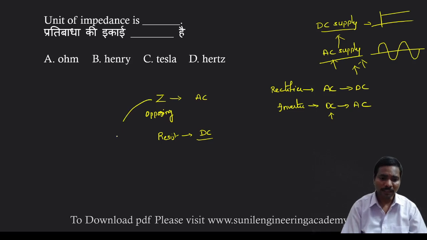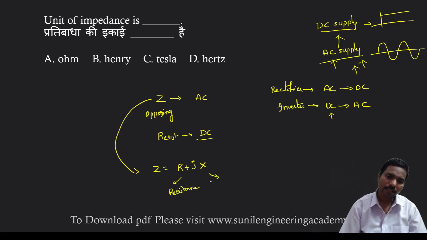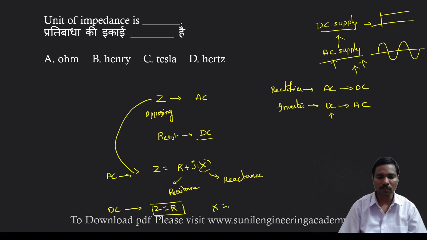But Z contains both resistance plus reactance. R is the resistance, X is the reactance. While considering AC supply, you additionally get this reactance concept. If you consider DC supply, Z is equal to R only. So only resistance, no reactance. X is equal to 0.